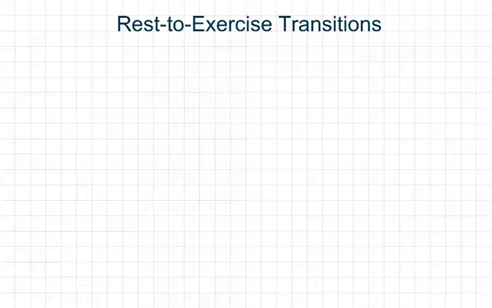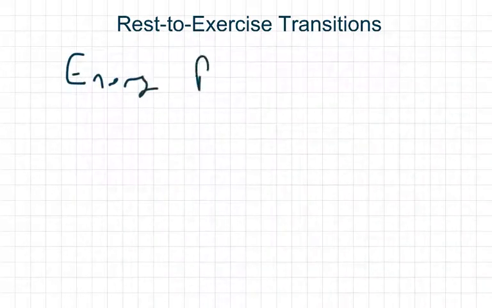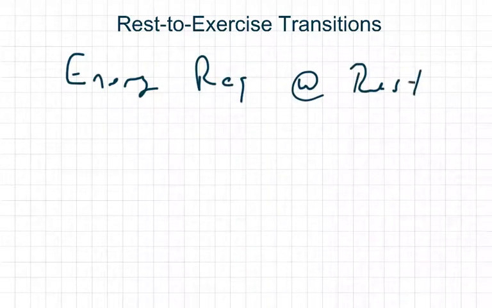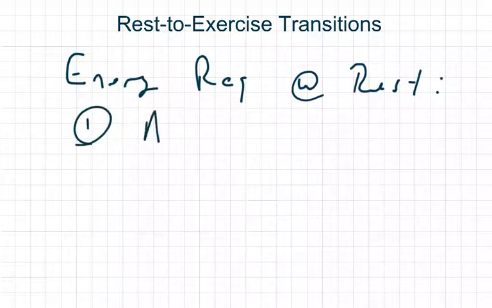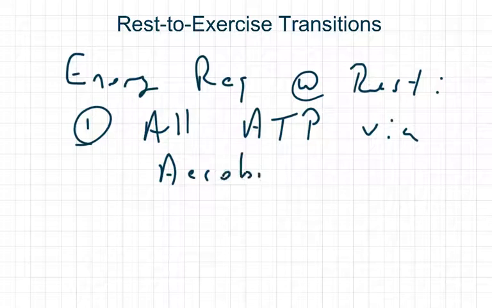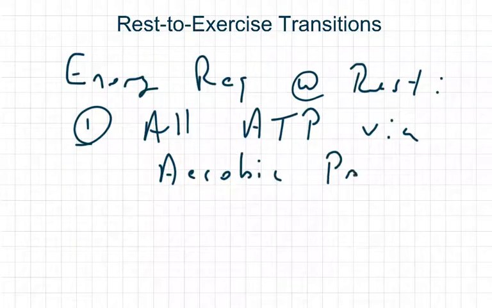And so when we look at our energy requirements at rest, there's a couple of things that remain constant. The first is all ATP being produced is being produced via aerobic pathways. And again, this goes back into the concept of what we talked about of intensity versus duration.